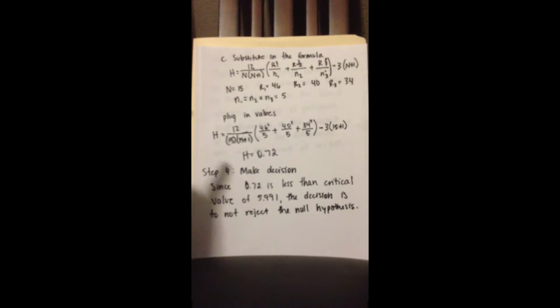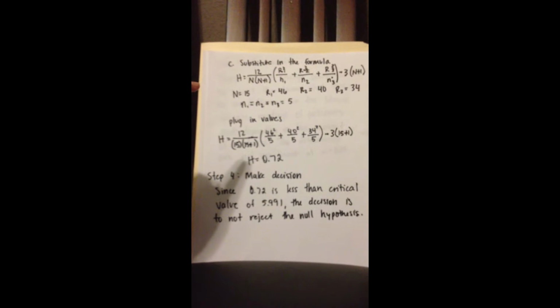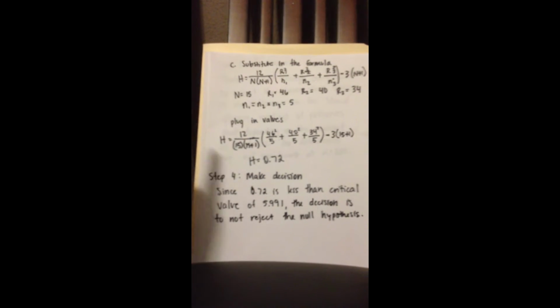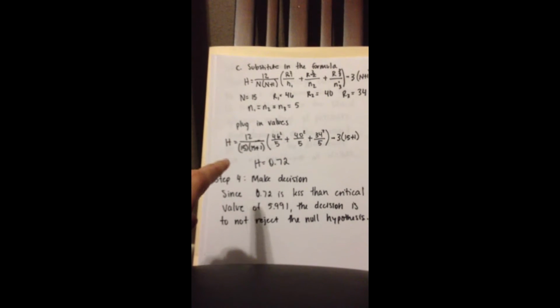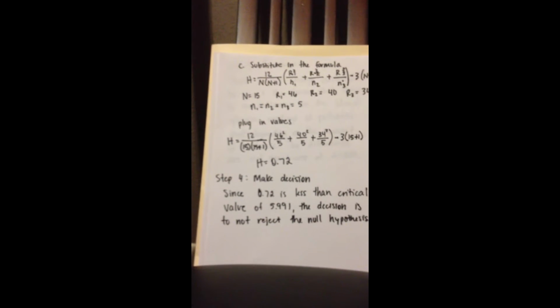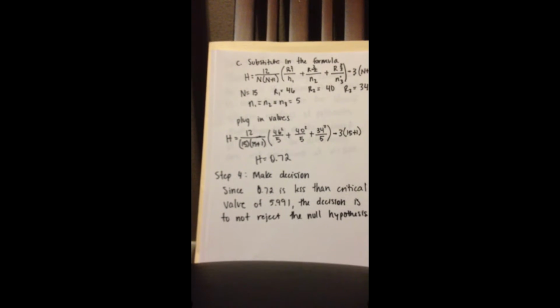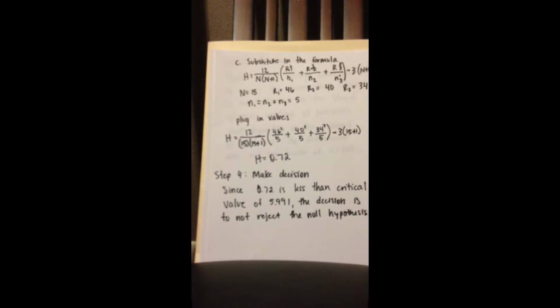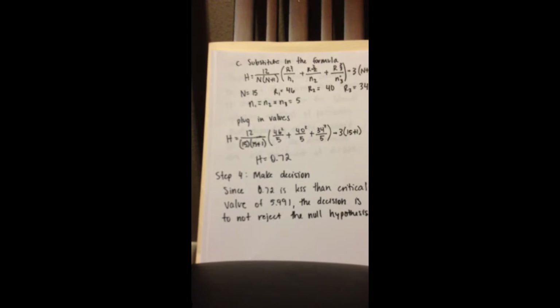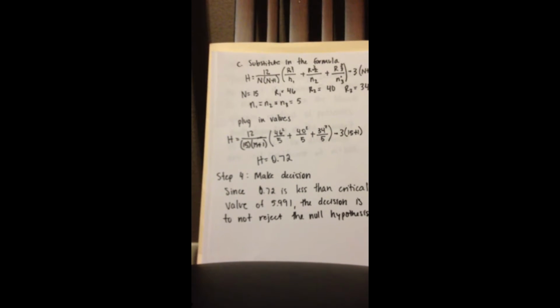And n was equal for all the groups, 5. So after we plug in the values and use the order of operations, we come up with H equals 0.72. So now it's decision time.